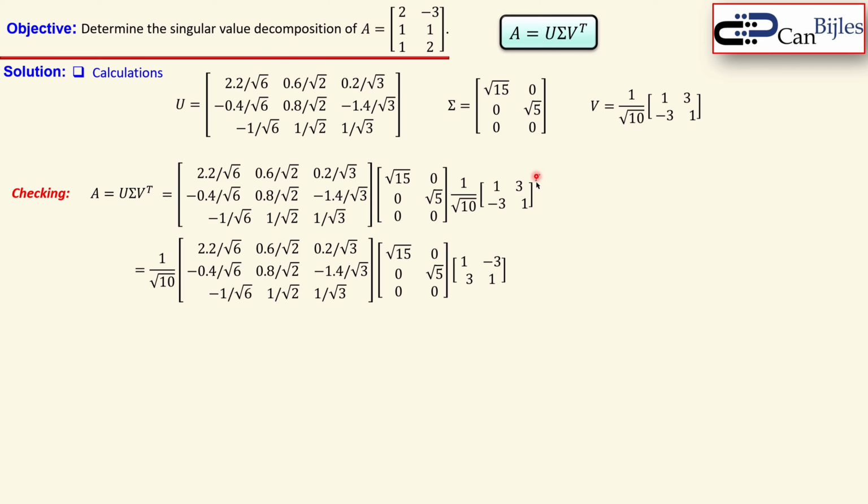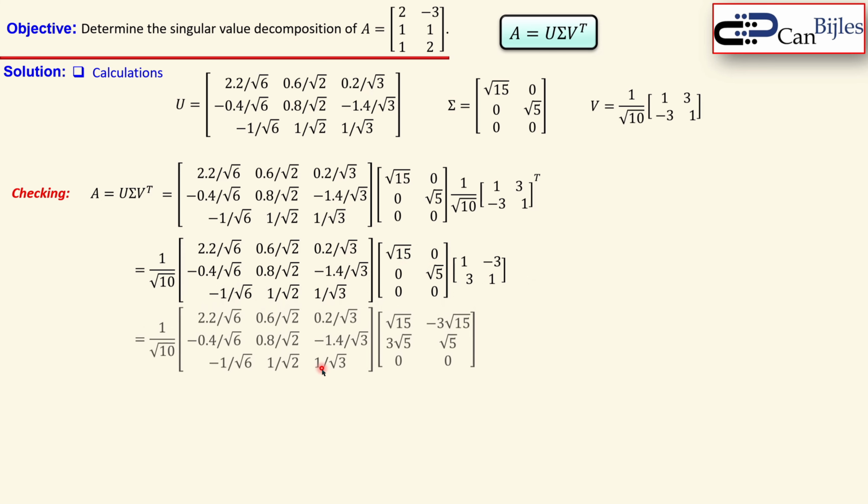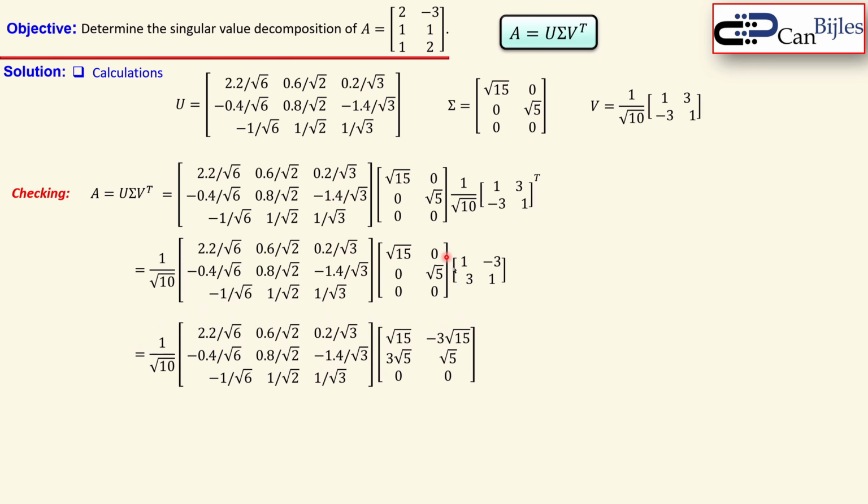We have already made the transpose operation here, so 1, 3 is here, and then minus 3 and 1 will be here. So rows will be columns. If you work this out, I will show you this step. You get here square root of 15 times 1, which is square root of 15, plus 0 times 3, which is this one. Same with the first row and the second column, that's the result.